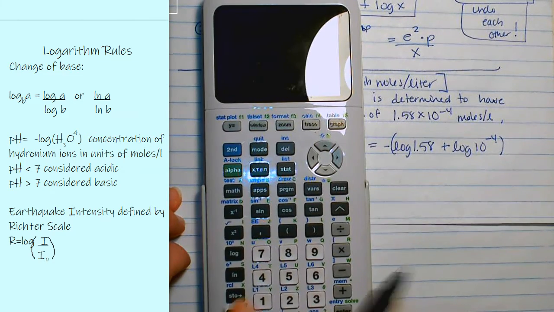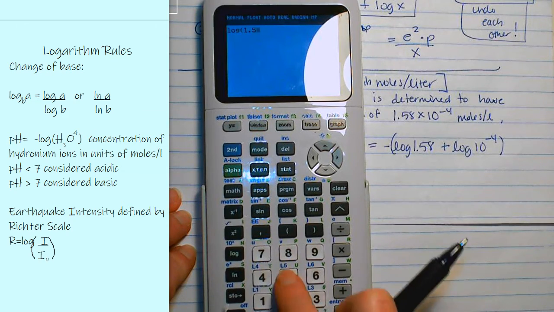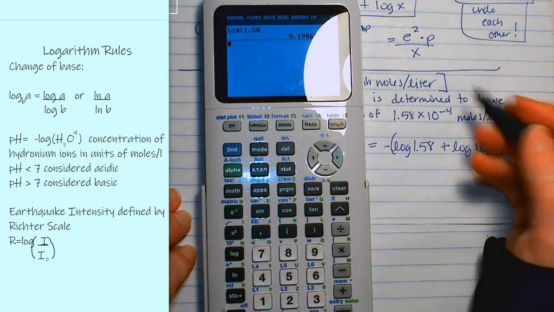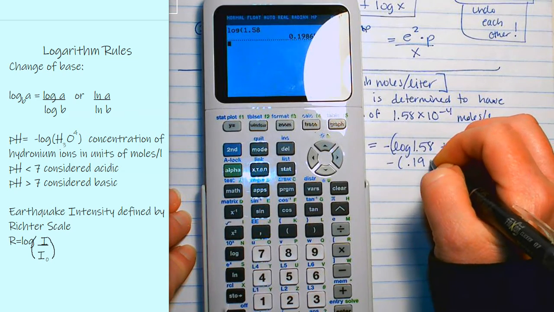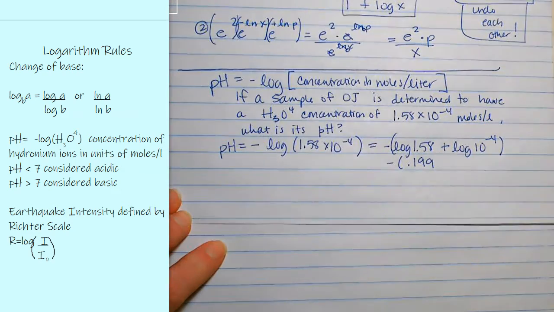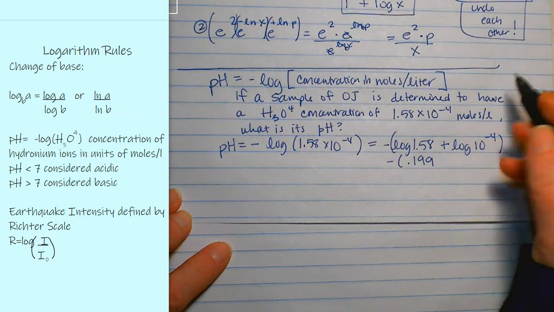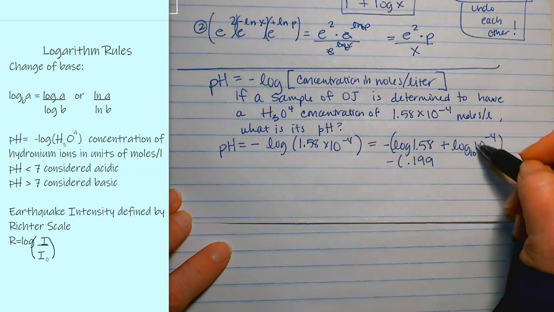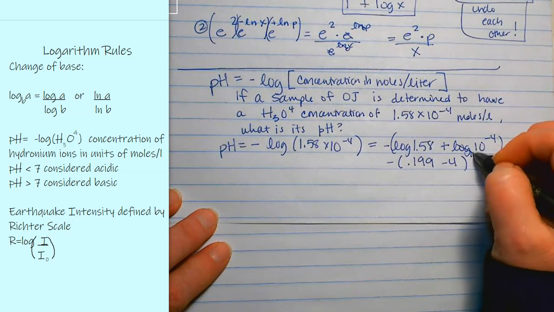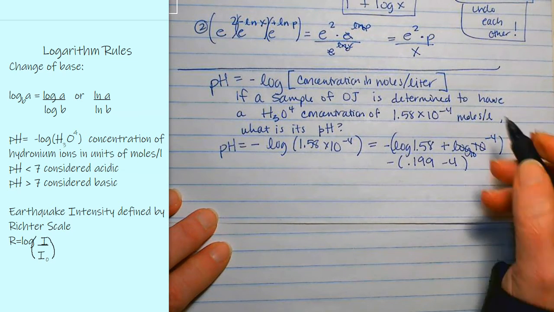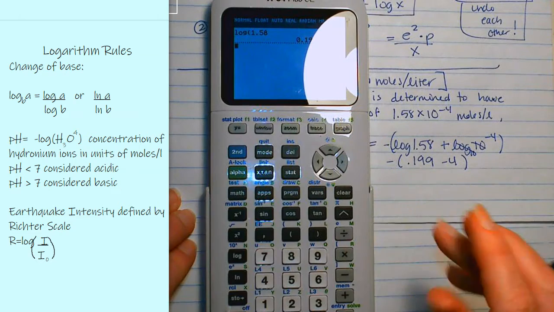So we would say log of 1.58, that's going to be 0.199. And then this we can simplify because this is base 10. So log base 10 of 10 to the negative 4 is going to be negative 4. These cancel. This comes down. And now I have negative 4 plus 0.199.